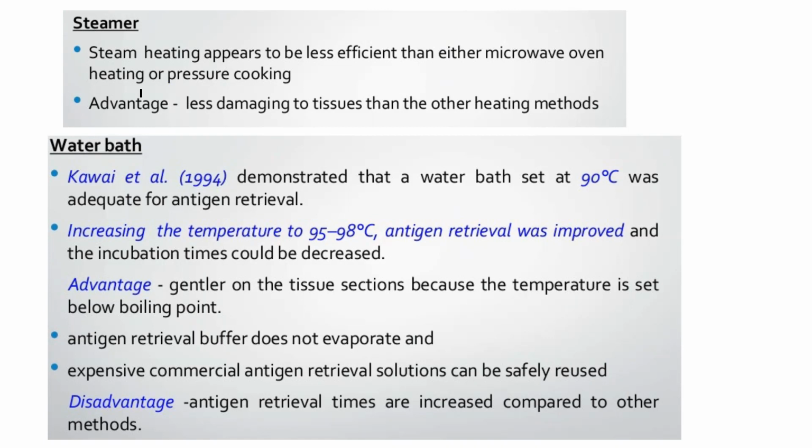Then there is an even safer technique, which is the water bath. The water bath is the best technique for antigen retrieval. But the disadvantage with the water bath is time. We need to subject the tissue to prolonged periods of time in order to achieve antigen retrieval. But the water bath is the safest procedure of antigen retrieval.